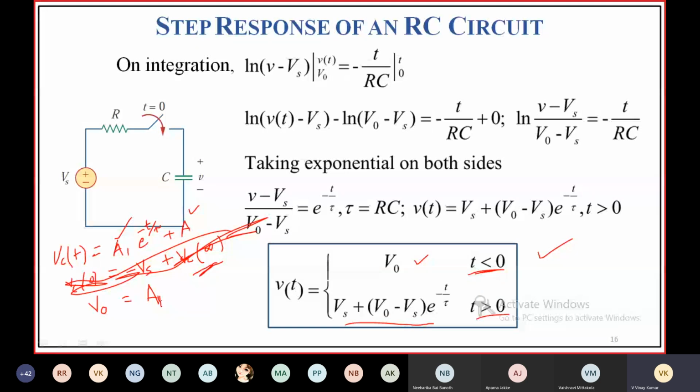So you put as it is A1 e power minus t by tau plus, let it have some initial value, v of 0 is not equal to 0, so this will be Vc of infinity.